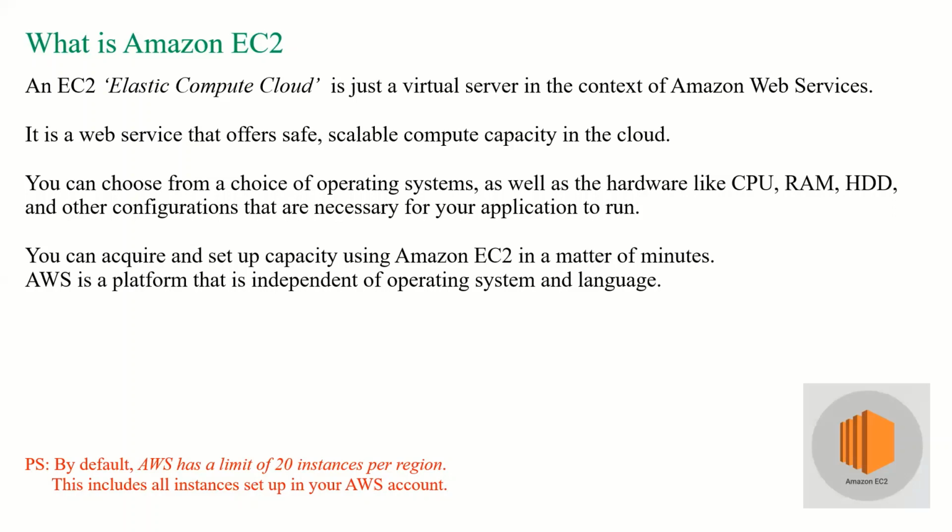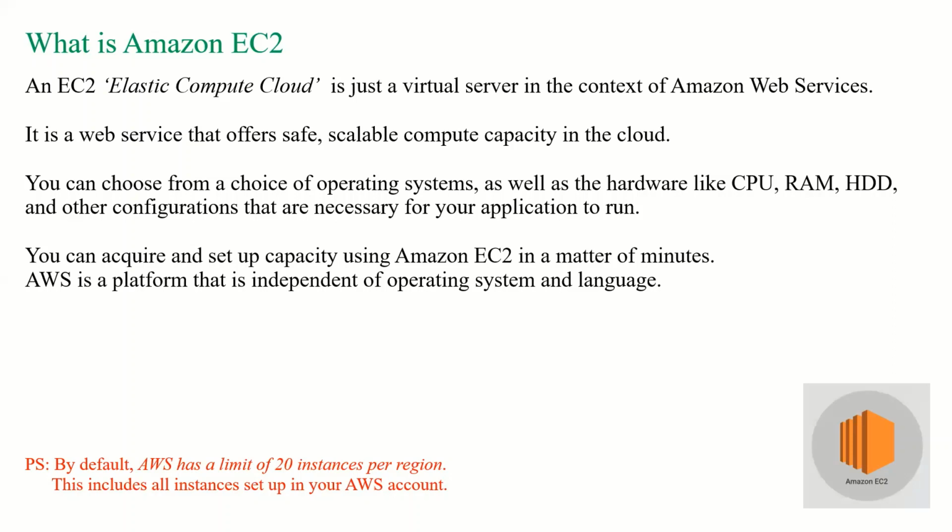AWS is a platform that is independent of operating system and language. What does that mean? Amazon Web Services has its own operating system to run its databases. They are not dependent on Linux or Windows operating systems. They have their own customized operating system, based on one of the distributions of Linux.